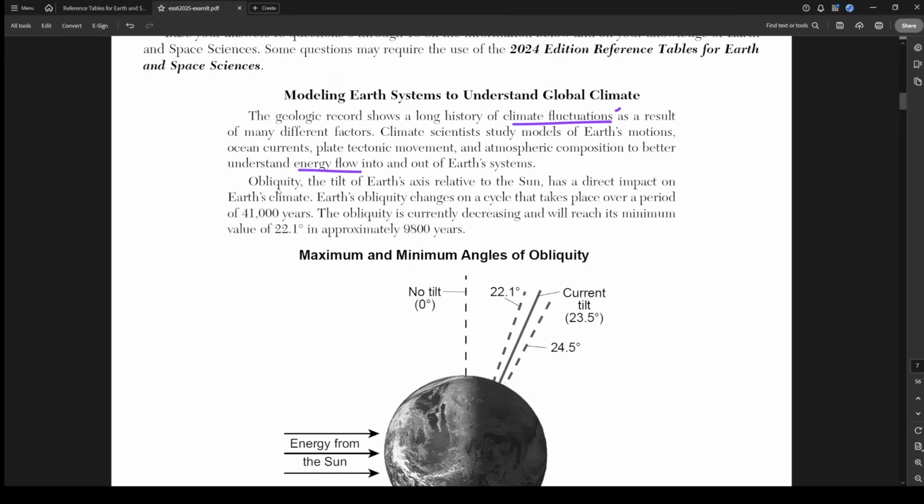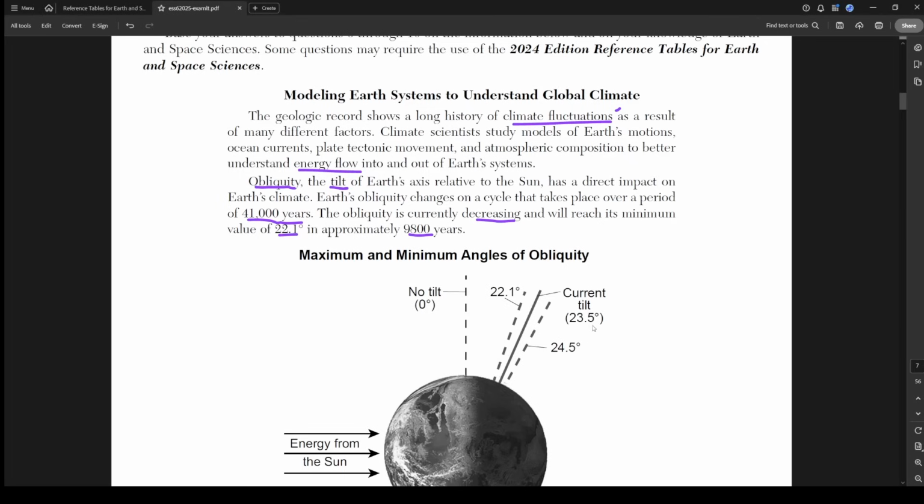Okay. Obliquity, the tilt of the Earth's axis, so obliquity means the tilt, has a direct impact on the climate. Earth's obliquity changes on a cycle that takes place over a period of 41,000 years. The obliquity is currently decreasing and will reach its minimum value of 22.1 in approximately 9,800 years.